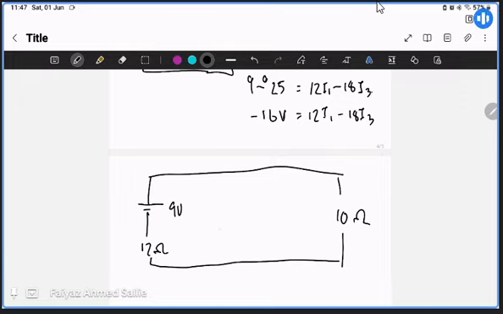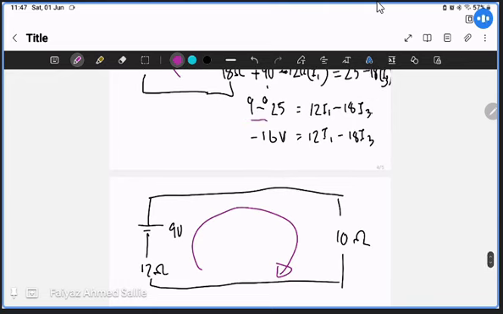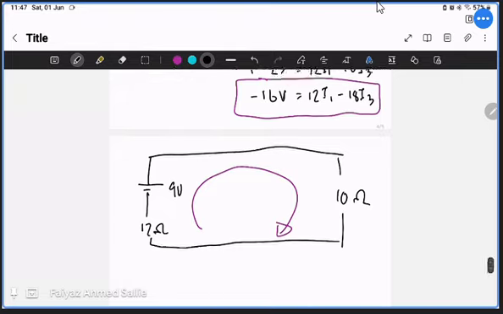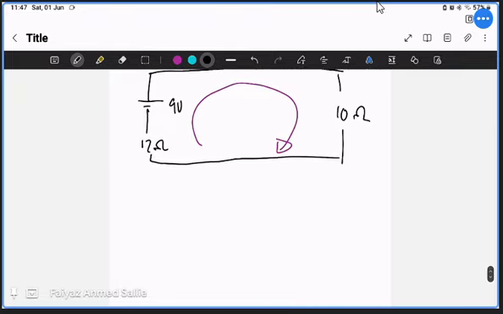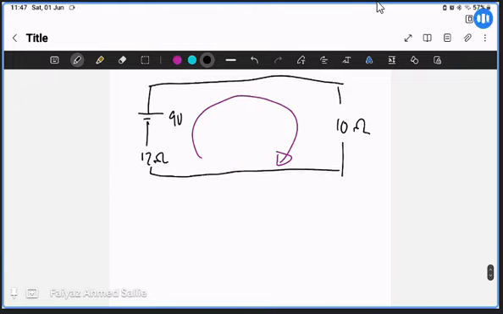So now we are doing the big one. Now that we know, we need to use the conservation of voltages.